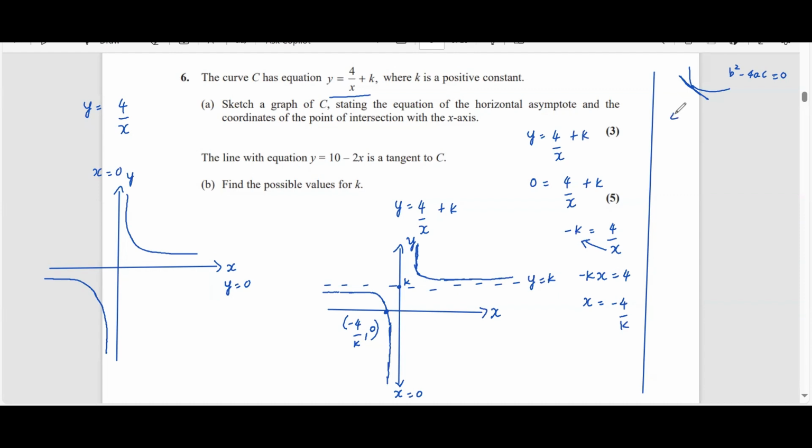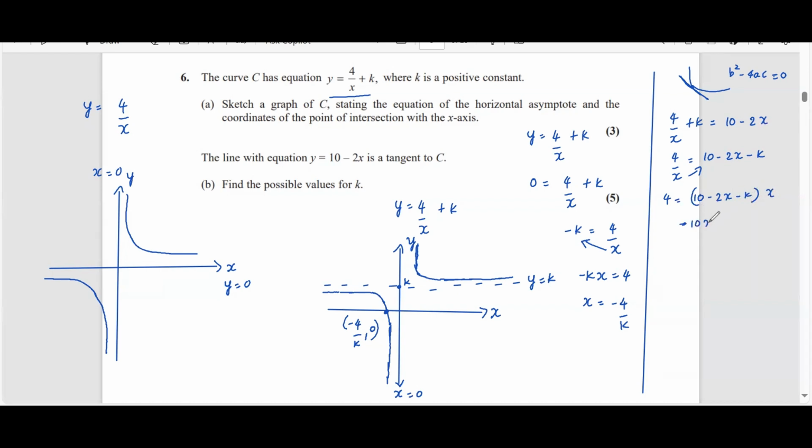The line with equation y equals 10 minus 2x. So 4 by x plus k, we need to equate it with 10 minus 2x in order to get the point of intersection. So positive k, let's take it to the other side. So 4 by x equals 10 minus 2x minus k. Cross multiply this. 4 equals 10 minus 2x minus k, the whole thing multiplied by x.